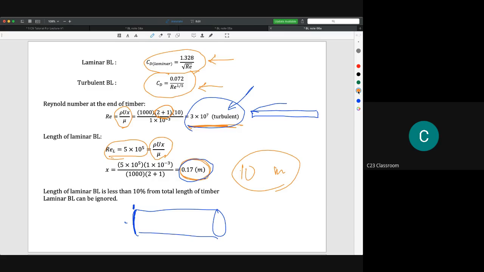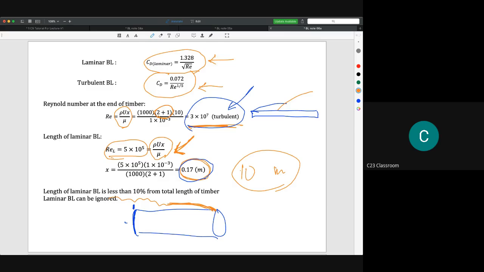Because we have that idea, to make sure our calculation is precise, we need to calculate the laminar boundary layer here, because we want to know whether the laminar boundary layer is only a small portion, or maybe 70% before the turbulent boundary layer occurs.